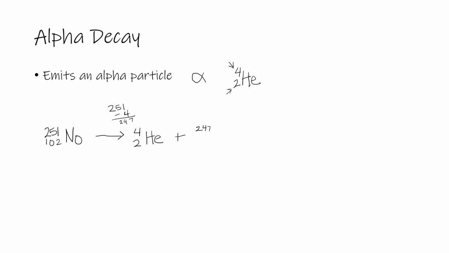And then for the atomic number on the bottom, you have 102 minus 2, which gives us an even 100. So looking at the periodic table, you can look up what element has an atomic number of 100, and you will find that the symbol is Fm for fermium. So this would be the complete alpha decay reaction for nobelium 251.